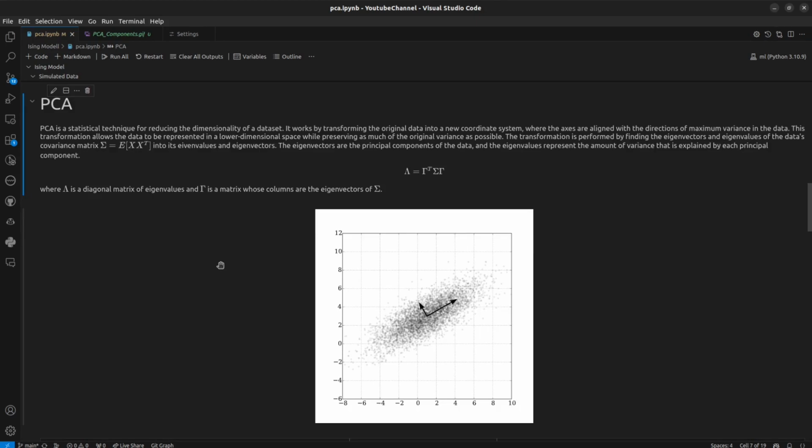Okay, so what does that actually mean? If you have this image here, we have many data points, and since our data is two-dimensional, we want to find both directions in which the variance is largest. So the first one is obviously from bottom left to upper right, where we have our first principal component.